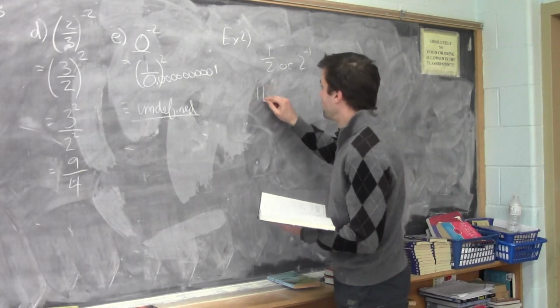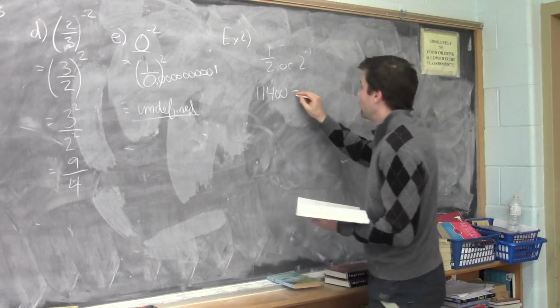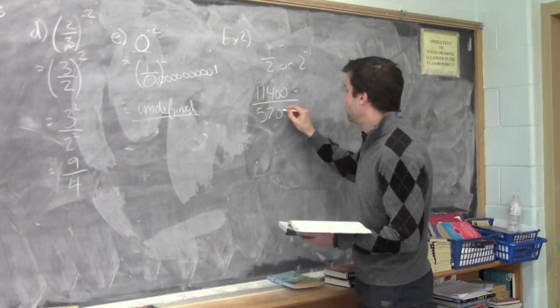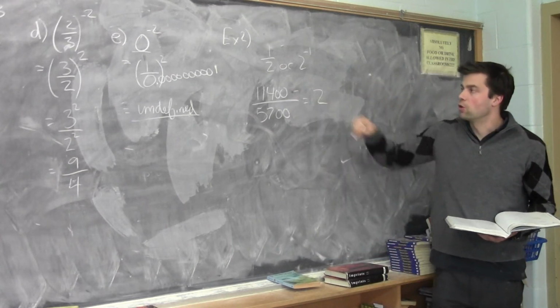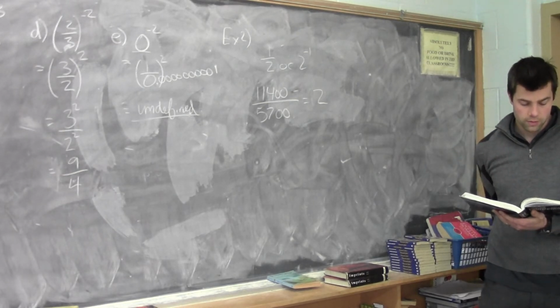So we divide 11,400 years by 5,700 years. That tells us how many 5,700 years go into 11,400 years, and we get 2. So there are 2 time periods.